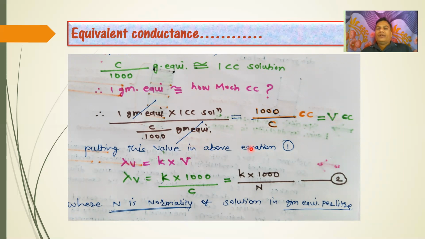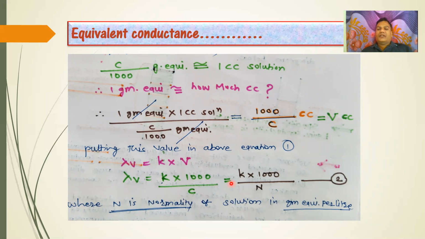So putting the value in above equation number 1, which we have seen in the last slide, that is lambda V is equal to K into V. Put up the value for V, that is 1000 by C, where C is the concentration.